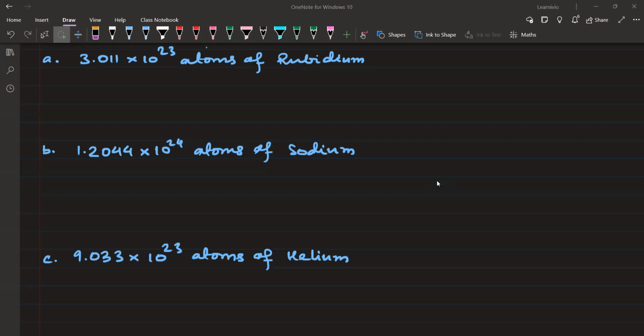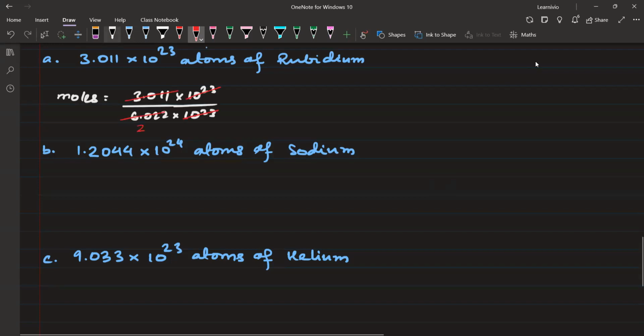For the last one I'm writing A. So the number of moles will be equal to 3.011 into 10 to the power 23 divided by 6.022 into 10 to the power 23. So here we can do some cancellation. 10 to the power 23 and 10 to the power 23 cancel. 3.011 and 6.022: it is half. So the answer is half mole or 0.5 moles.